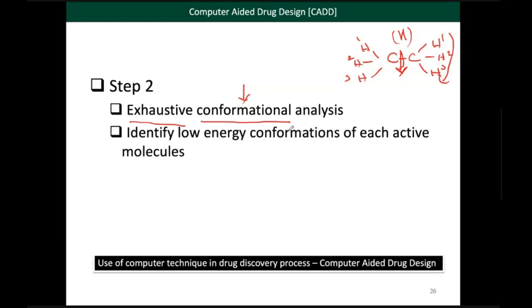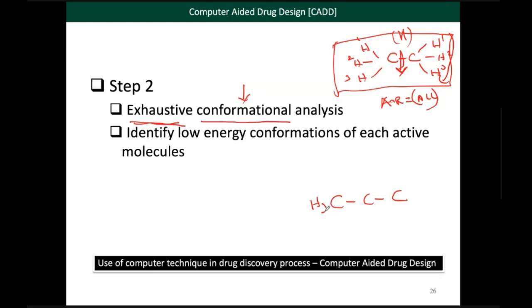So what is the exhaustive conformational analysis? If you perform complete conformational analysis for this molecule with all possible angles of rotation, and all possible angles of rotation should be given, that is what is called exhaustive conformational analysis. If we take another example, methane, ethane, propane, so CH3, CH2, CH3, the number of rotatable bonds has increased.